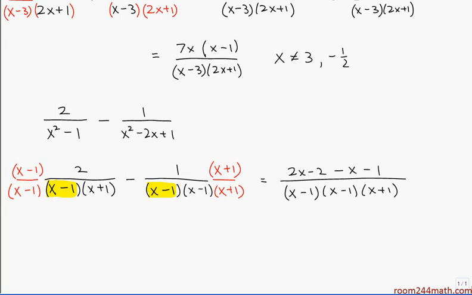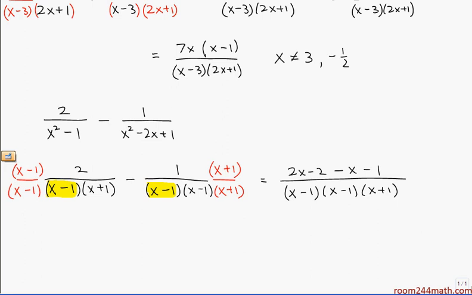So you're subtracting the x and the 1. And what you end up with here is 2x minus x, which is x, and minus 2 minus 1, which is minus 3.